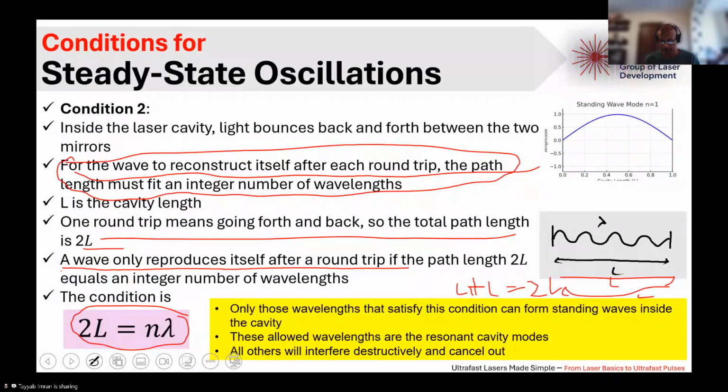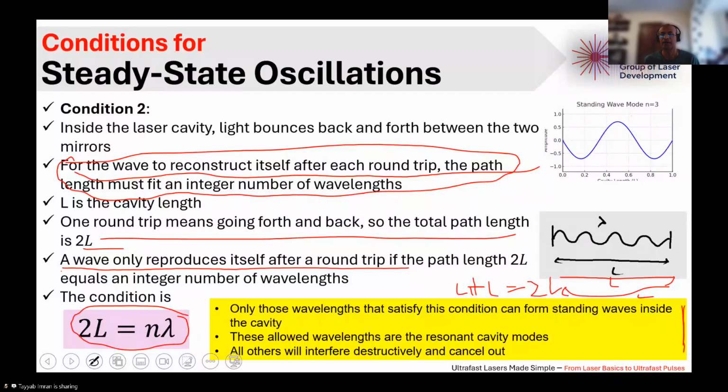So if you see in the yellow portion here, what is written? Only those wavelengths that satisfy the condition can form standing waves inside the cavity. Other waves cannot be reconstructed. They would have destructive interference, or they destroy each other.